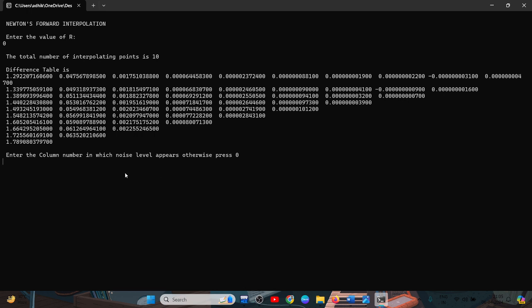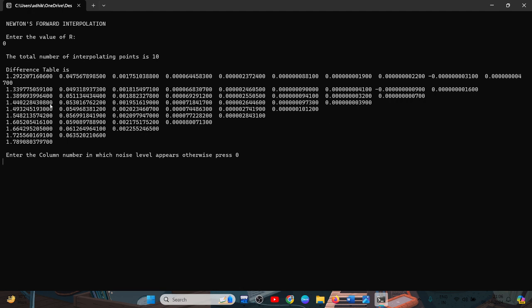And for the noise level, enter the column number in which the noise level appears, otherwise press 0. Here this is the irregular difference, 2200, with a negative sign here, and a minus here. So there are some irregularities. This is the noise level, at this column.